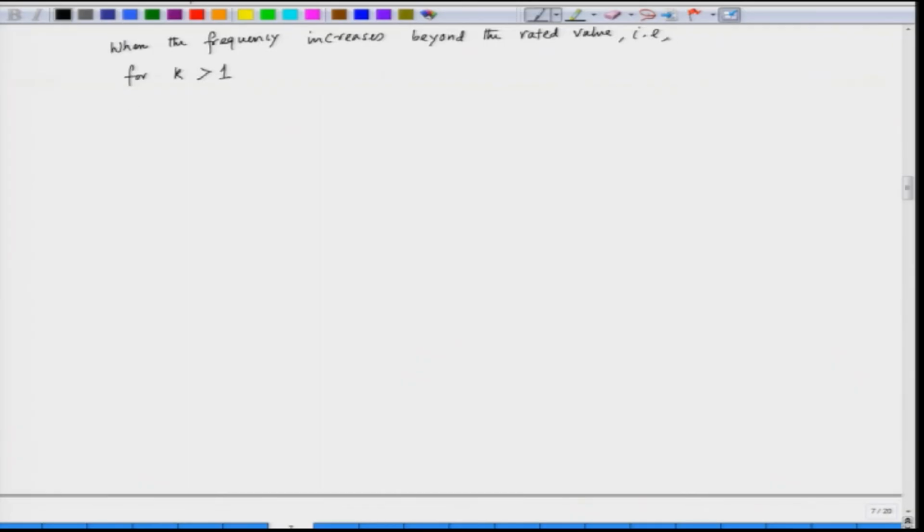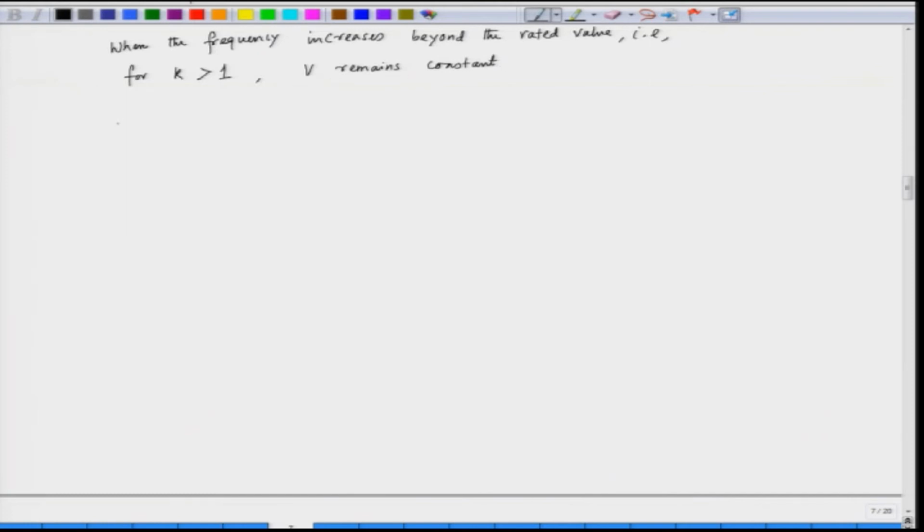When k equals 1, the frequency is the rated value. When k is greater than 1, voltage V remains constant. We do not increase the voltage beyond the rated frequency. So, for k greater than 1, V remains constant.